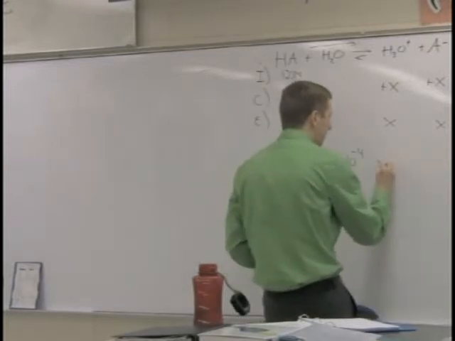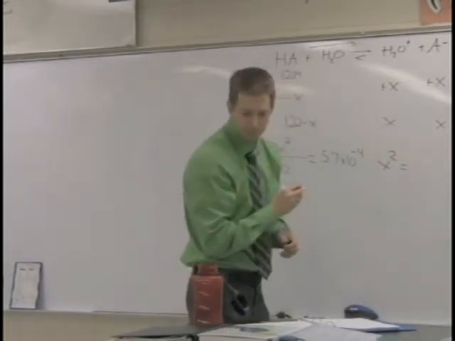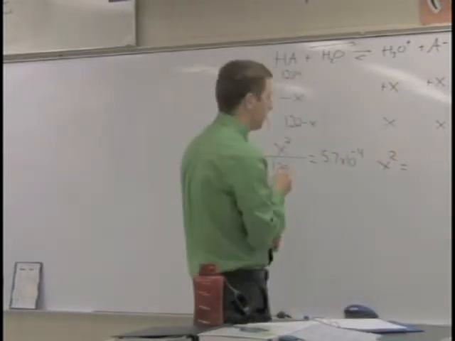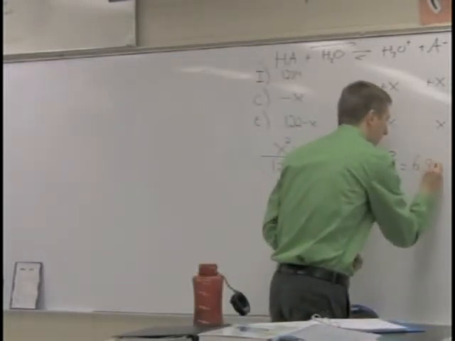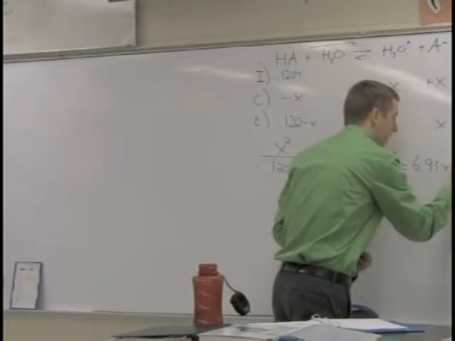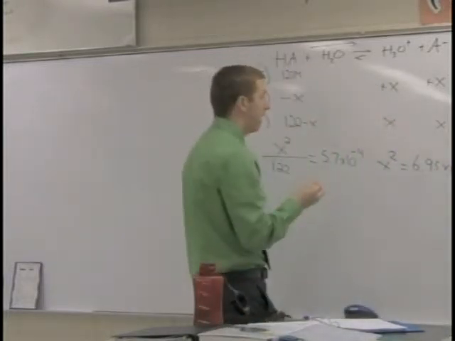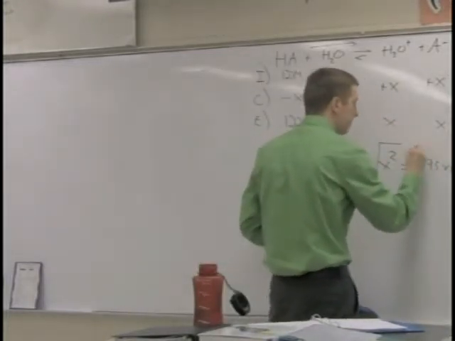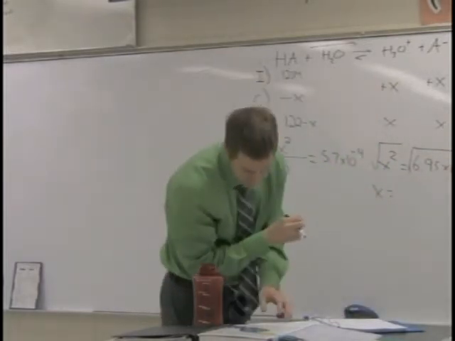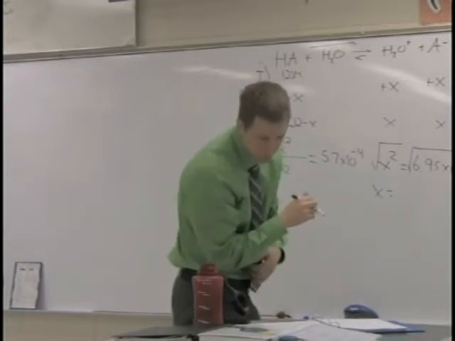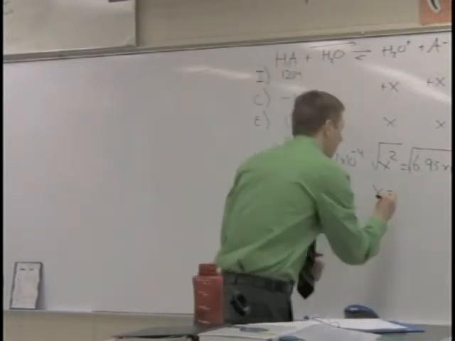That will get me X squared equaling 6.95 times 10 to the negative fifth. Get X by itself by taking the square root of both sides, and that will have X equal 0.00834.